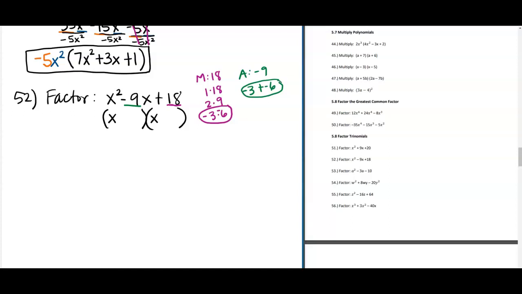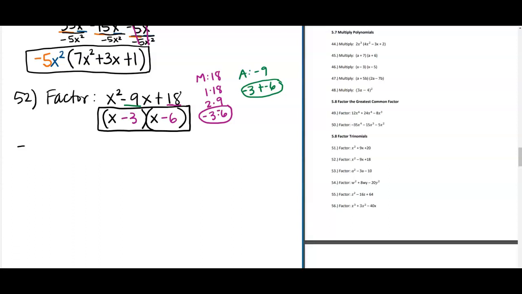So what multiplies to be 18 and adds to be negative 9? Those are the two numbers we're going to put inside our parentheses. So our answer is, in one parenthesis, x minus 3, and the other parenthesis, x minus 6. It doesn't matter which one you write first. If you wrote x minus 6 times x minus 3, still a perfectly good answer.